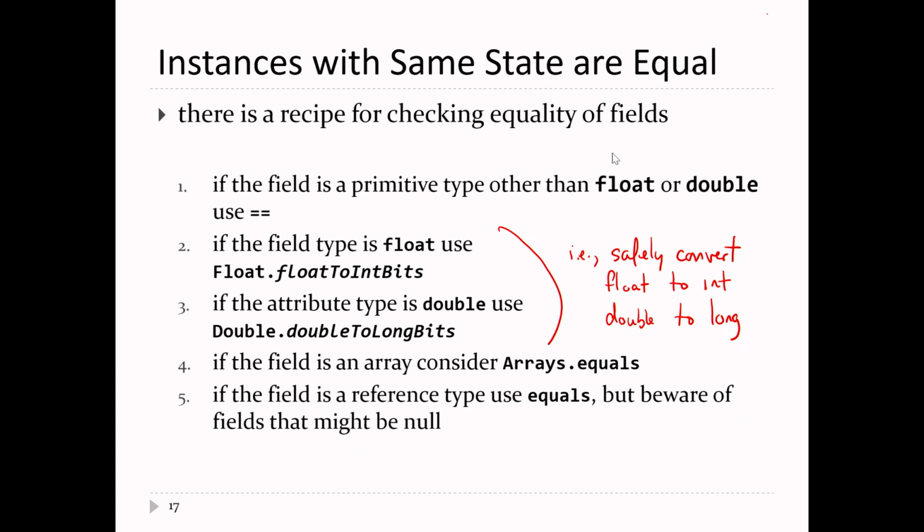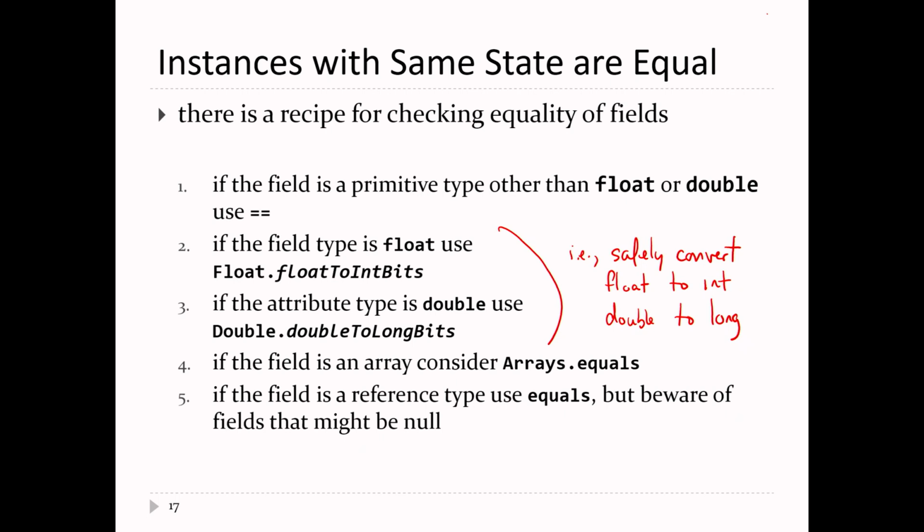Basically, you want to go one field at a time and test whether or not the fields for the 2 objects are equal. So if your fields are primitive, which ours are, and they're not float or double, in other words, if they're integers or Boolean values, then there's no thinking involved, just use equals. Just compare them the way you would normally compare them.